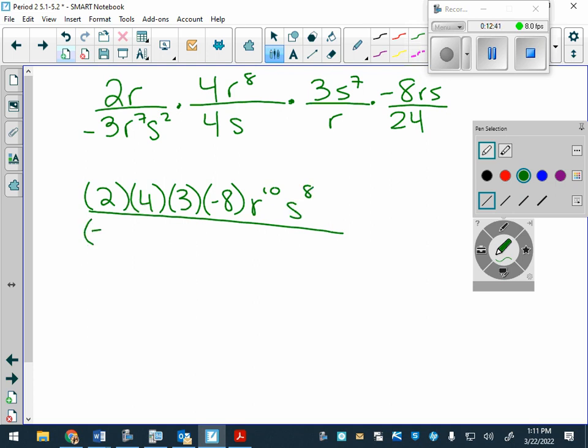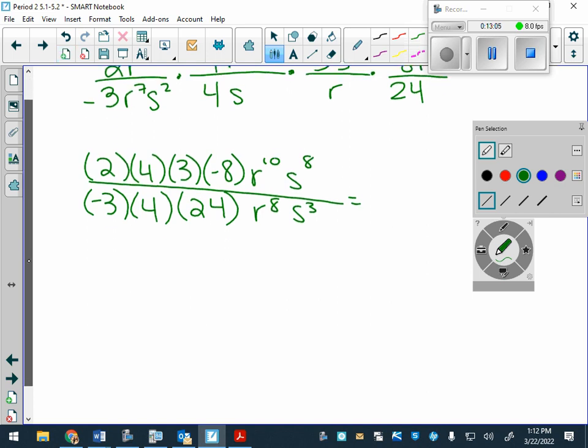Then we have our negative 3, 4, 24, right? And then r to the 8th, s cubed. So right now you could take care of your variables very simply. This is easier to see. A lot of you did cross cancel or just copy down the answer. Either way.